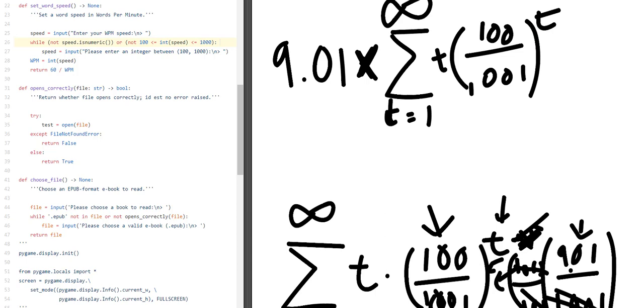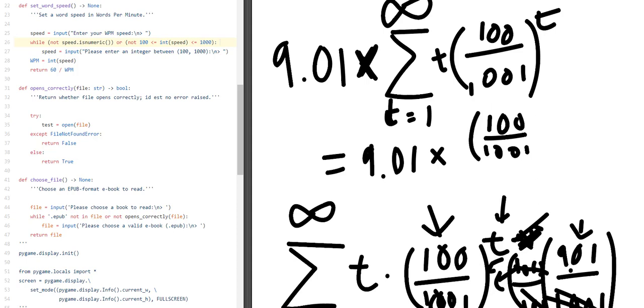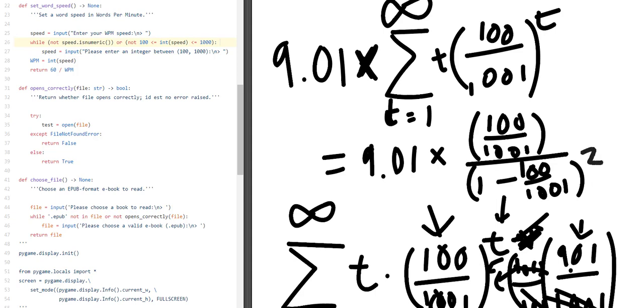And then this is equal to 9.01 multiplied by, using the formula we just obtained, 100 over 1001 over (1 minus 100 over 1001) squared.